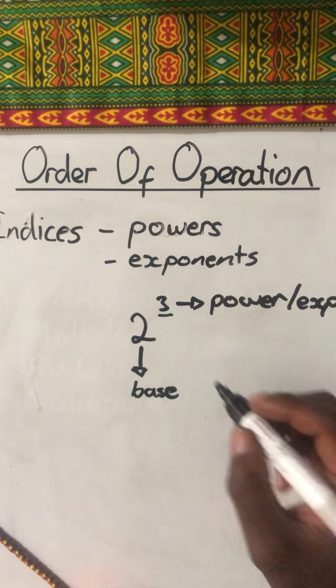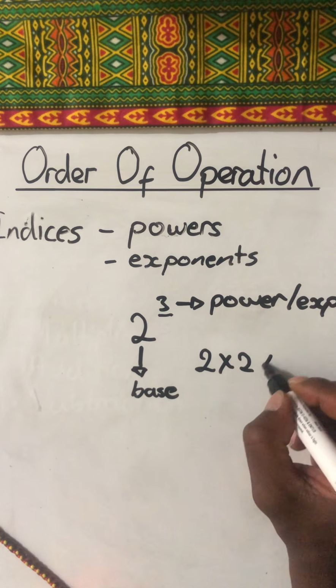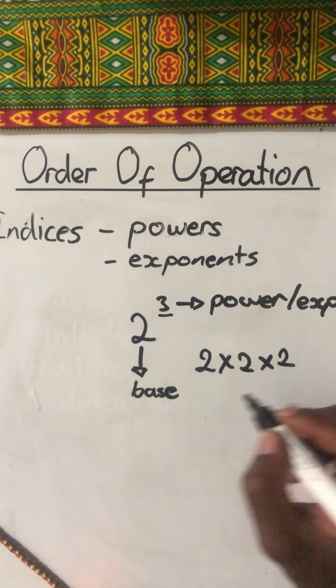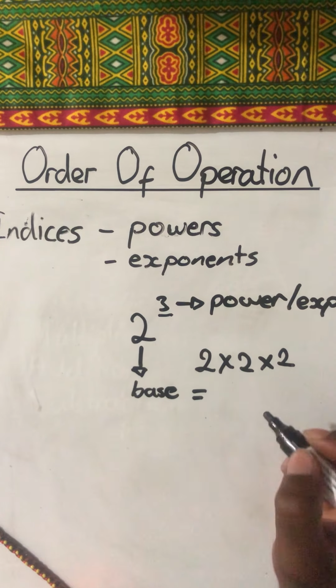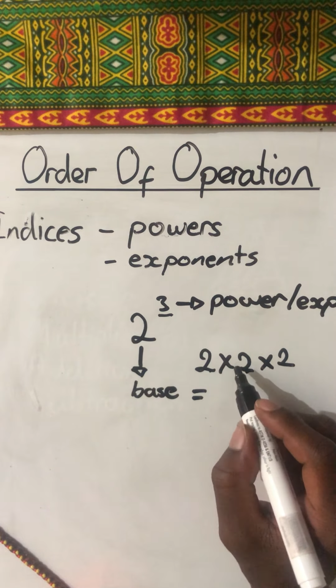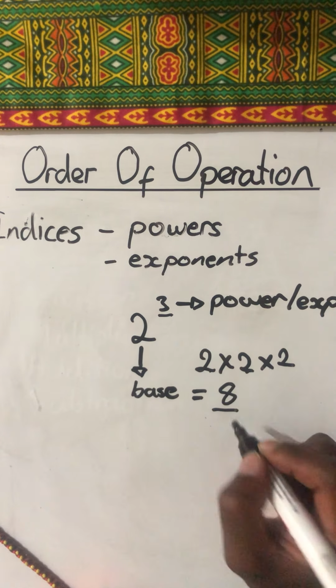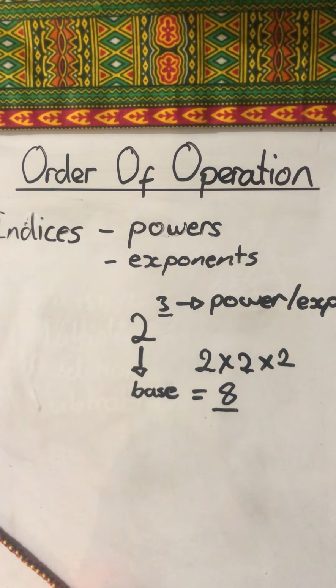So to solve this, we would say 2 times 2 times 2. 2 times 2 gives us 4, and then 4 times 2 gives us 8. So the answer is 8.